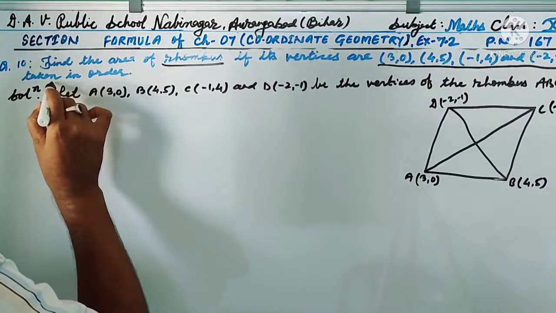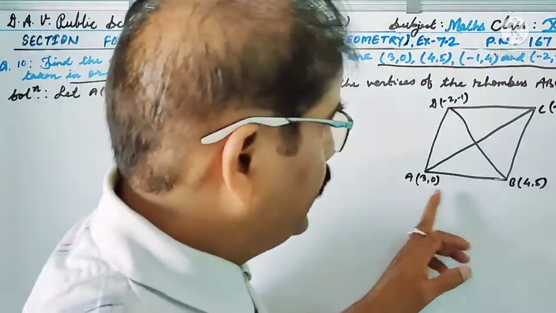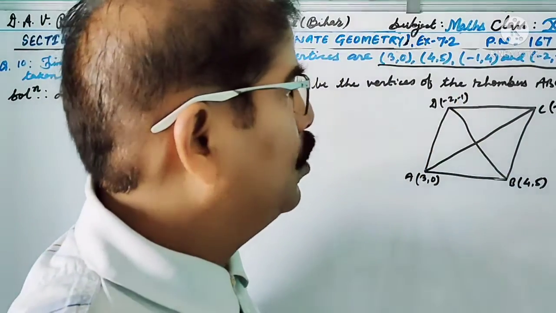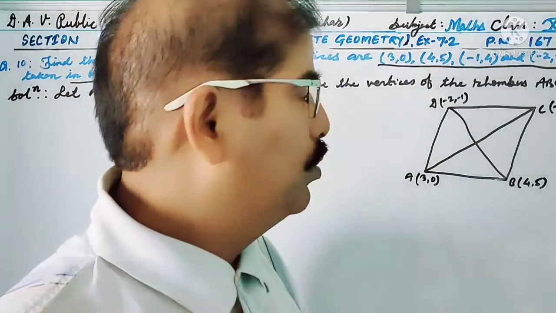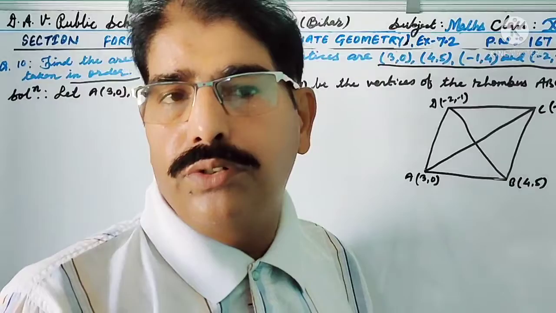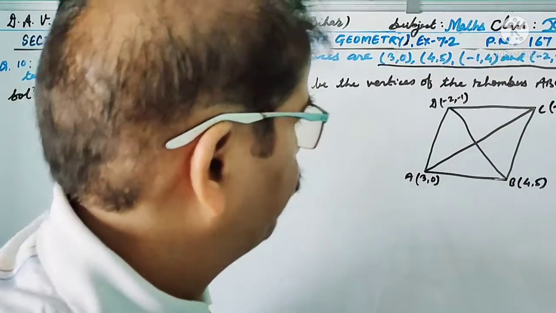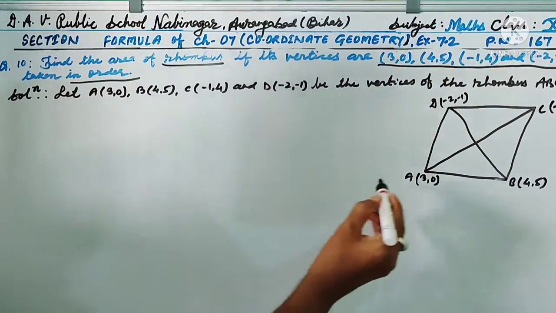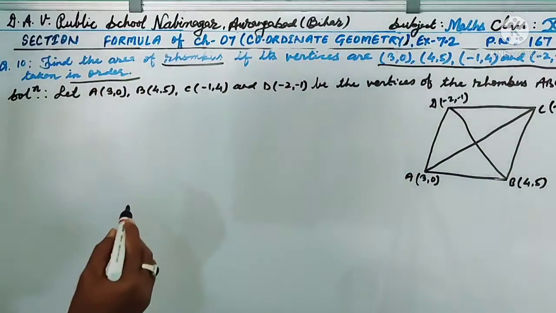So find the area of the rhombus. We know that the area of a rhombus equals 1 by 2 the product of its diagonals. So first you find the length of diagonal AC.